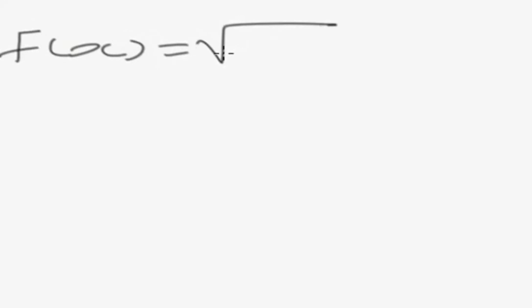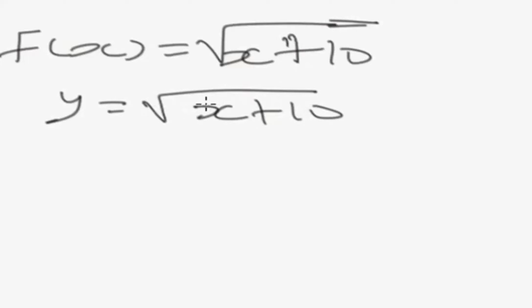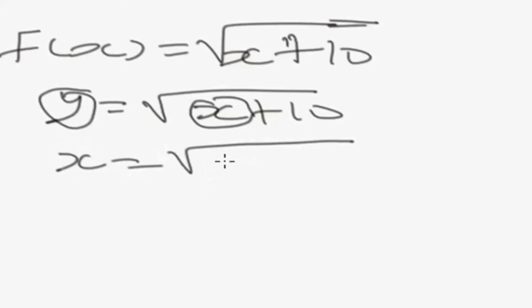What if you're given a function like this, f of x equals the square root of x plus 10, and asked to find the inverse of this function? How do we do it? It will be very simple. Replace f of x with y, so we're going to have y equals the square root of x plus 10. Once you have done this, you interchange x with y. If you do, you then have x equals the square root of y plus 10.